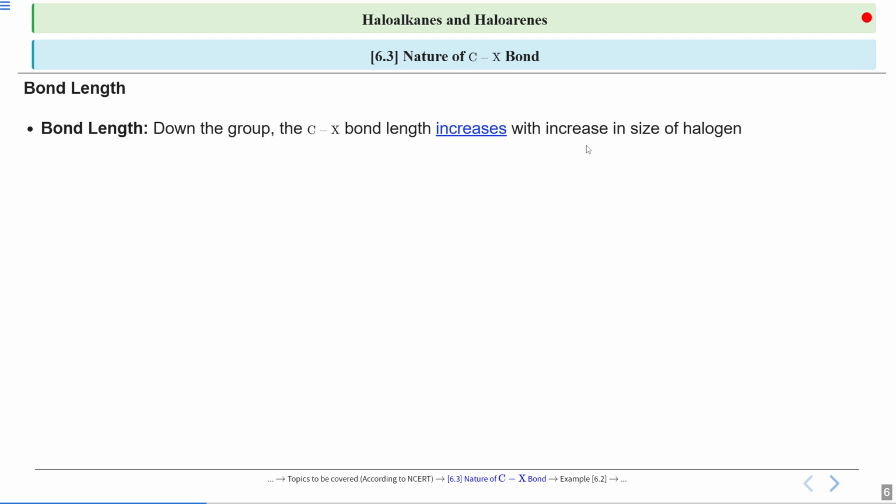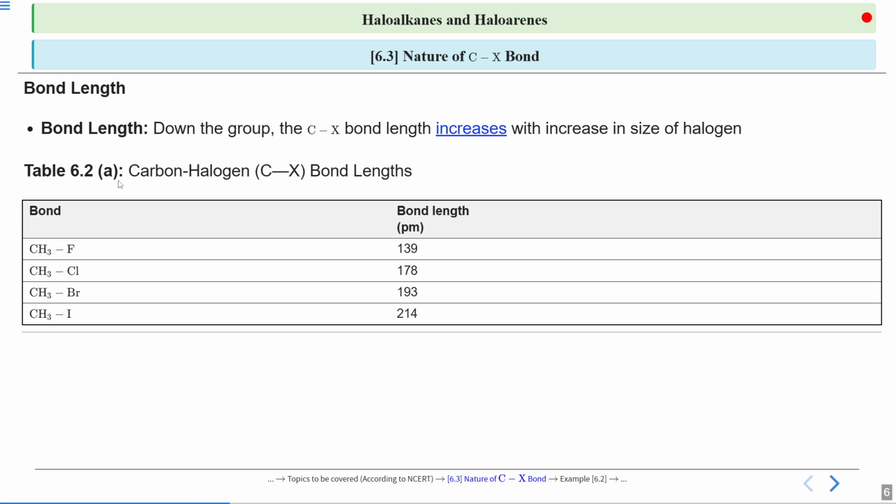You all know that in the periodic table, in any group, if you move from top to bottom, the size of the atoms increases with each successive member. So going down the halogen group, the halogen size increases, due to which the bond length between the carbon and halogen also increases.